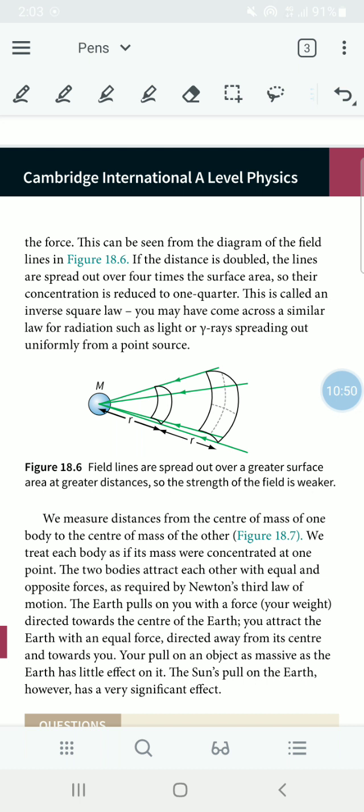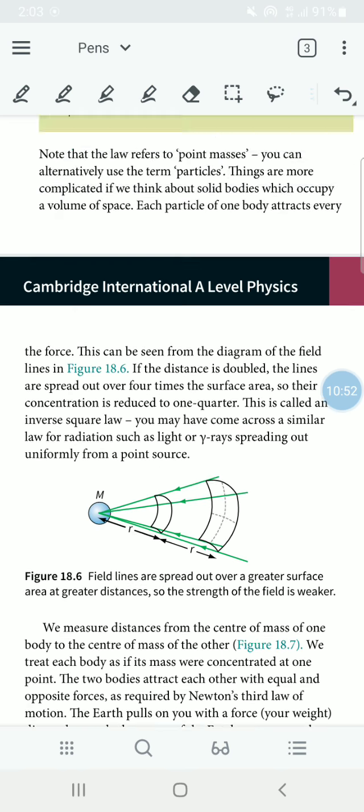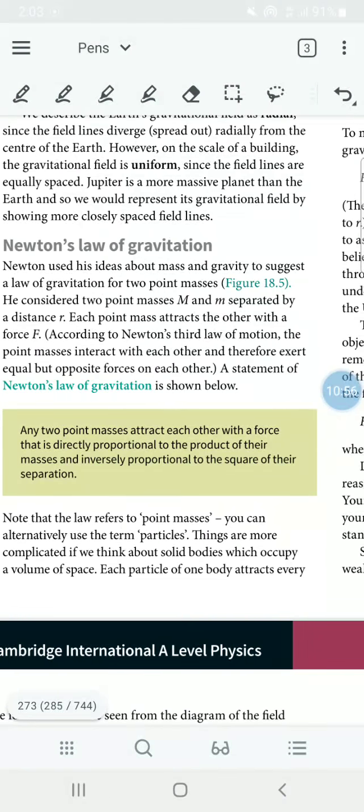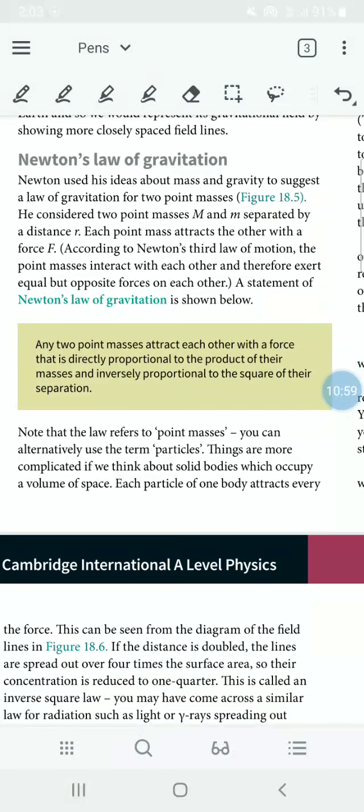All right. So let's write down a note. Newton's law of gravitation.